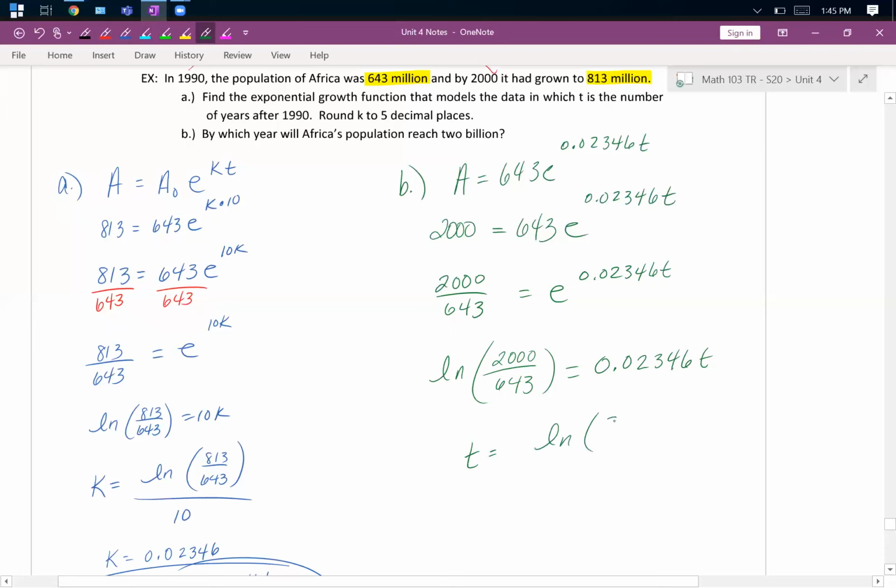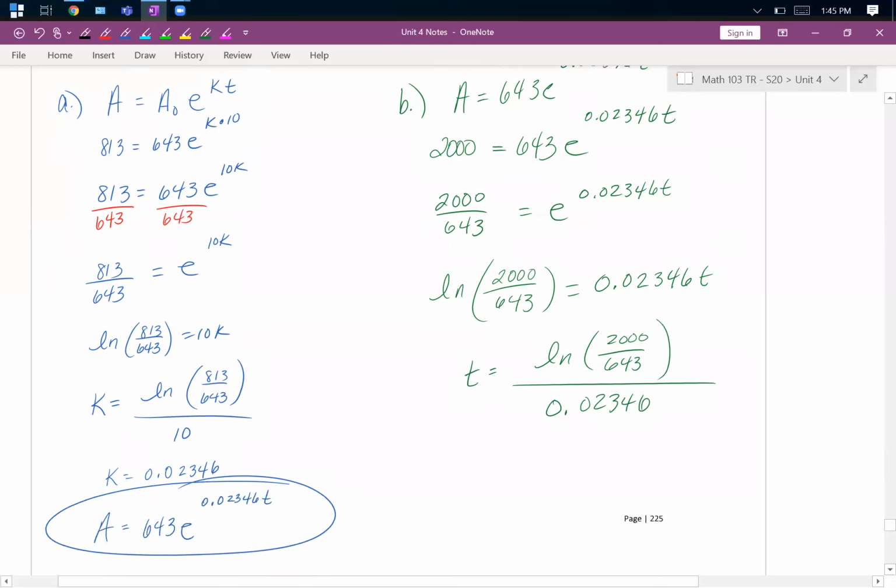We get the natural log of 2,000 over 643 all over 0.02346. Plugging that into our calculator, we should get T equal to 48.36.